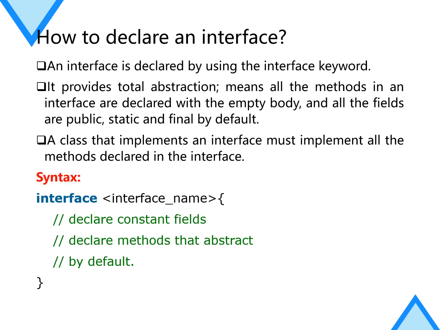The syntax is that we have the interface keyword, then the name of the interface, and then inside the curly braces we have the body of the interface. Inside the body we can have constant fields, abstract methods, and other things which by default will be final.